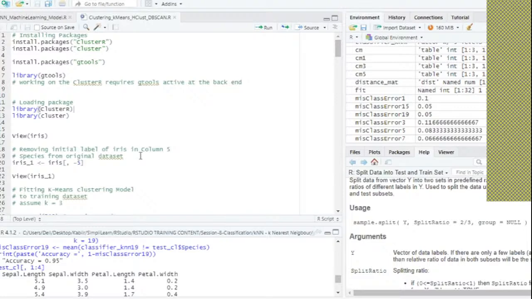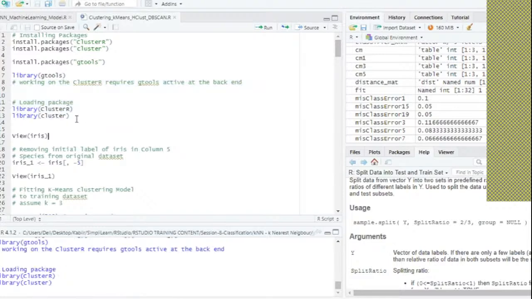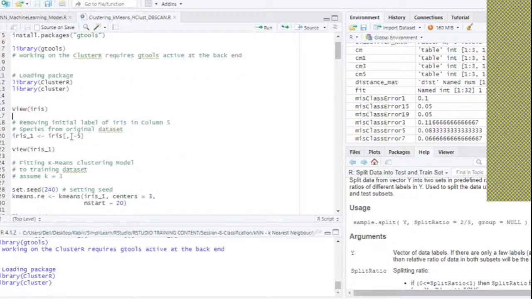Once you install the packages, activate the 3 packages. I'm going to cluster the Iris data and see how the clustering happened by calculating the classification.